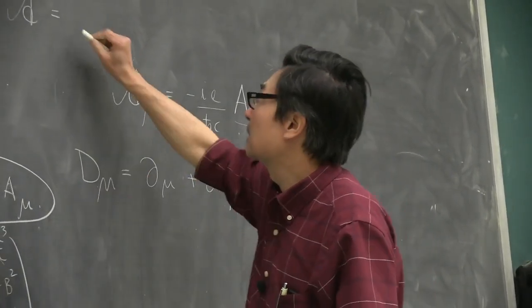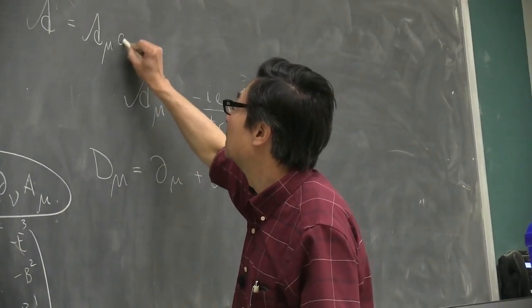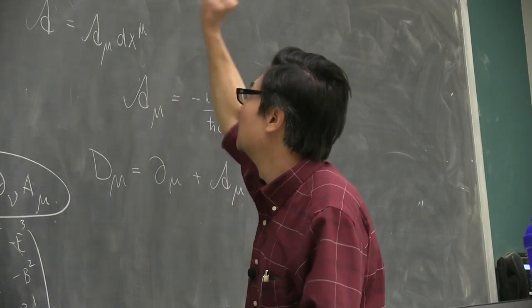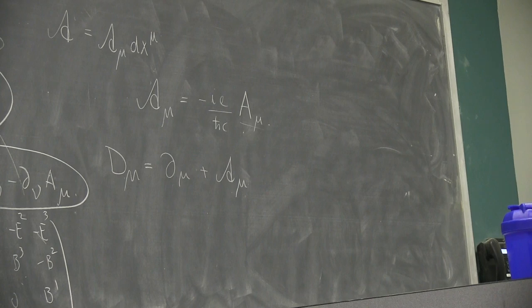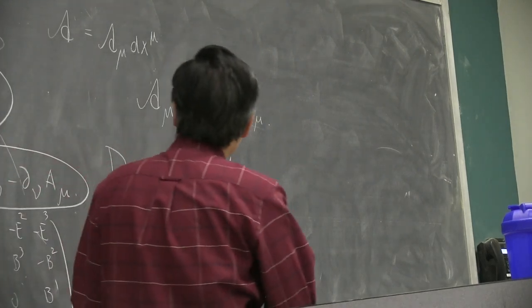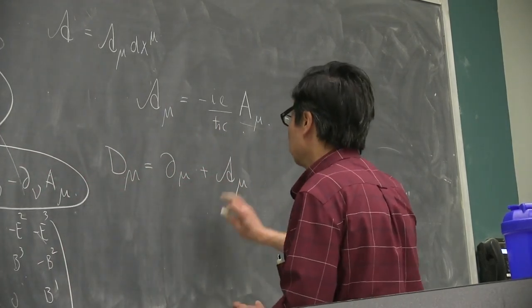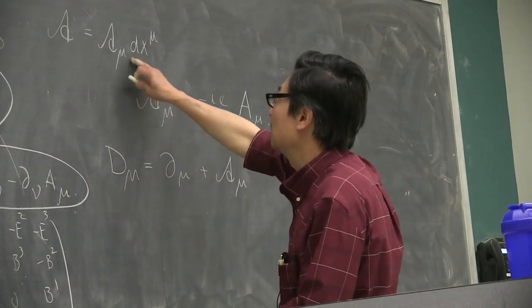I'm going to write this as A mu dx mu, summed over mu, the 4 components in Minkowski space, and so on and so forth. So this is a 1-form in here.